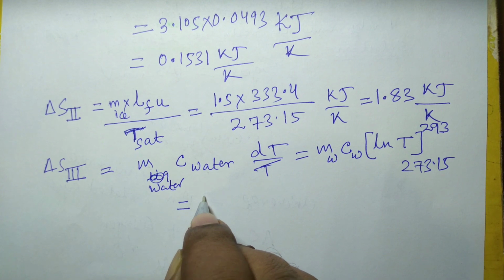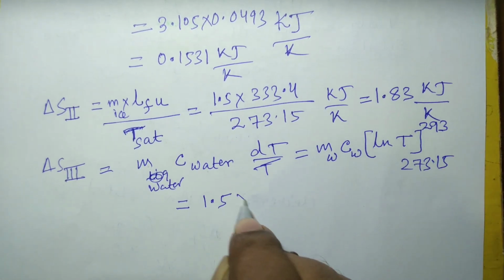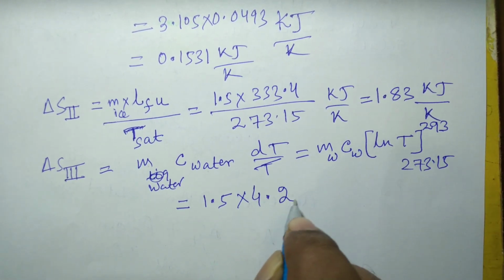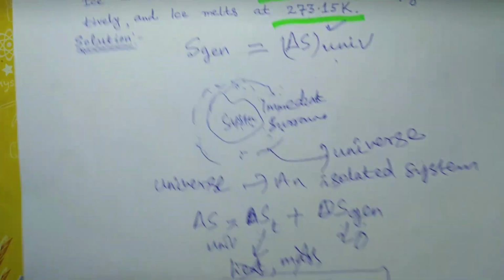So this becomes 1.5 multiplied by 4.2 kilojoule per kg Kelvin, that is the specific heat of water.